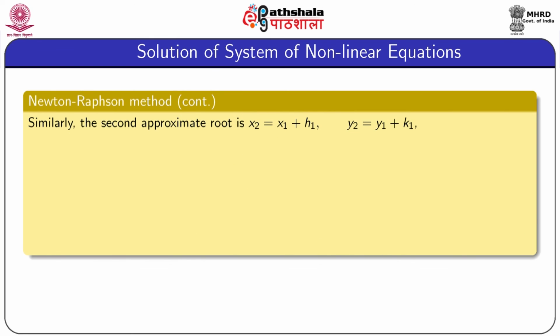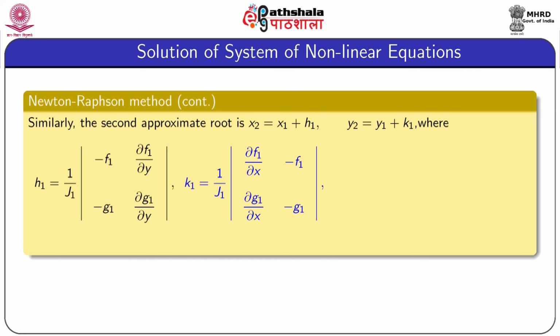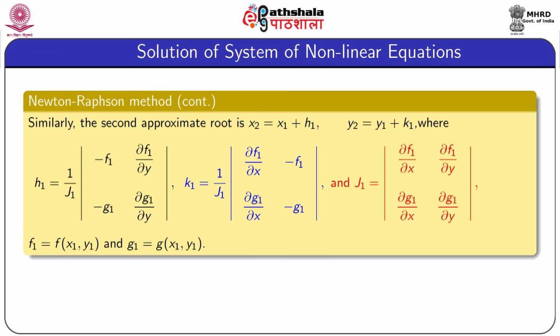Similarly, the second approximate root is given by x2 = x1 + h1, y2 = y1 + k1, where h1 is given by this expression, k1 is given by this expression, and J1 is the determinant of the coefficient matrix, where f1 is evaluated at the point (x1,y1), that means f1 = f(x1,y1) and g1 = g(x1,y1).